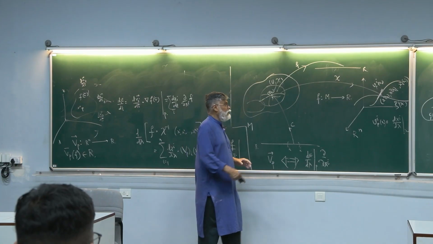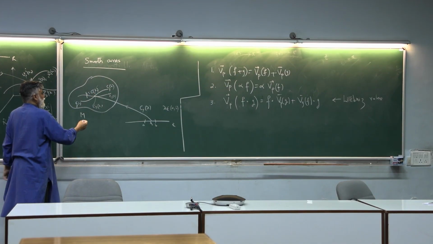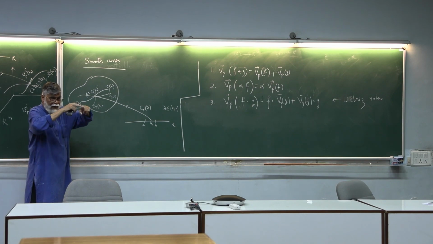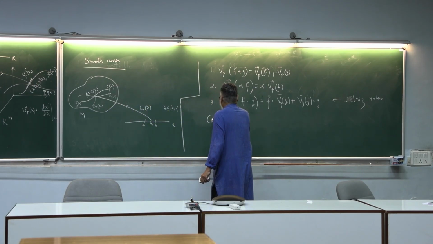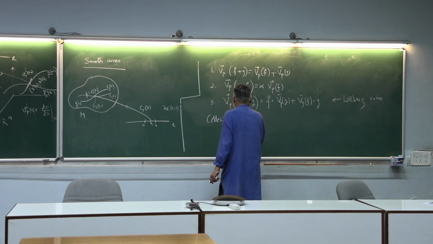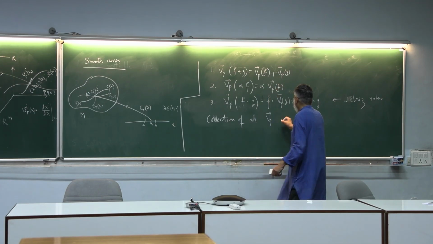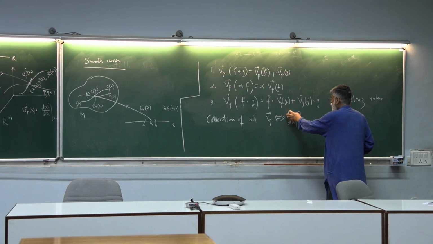Therefore, indeed at point P you have a vector space which is the collection of all such VP, because each VP is associated with a curve at that point, and there are an infinite number of curves, so therefore there are an infinite number of vectors, and the collection of all VPs, which are equivalent to dxi by d lambda del by del xi at point P, and different curves will have different tangent vectors in the Rn.